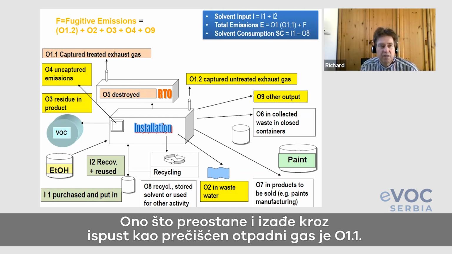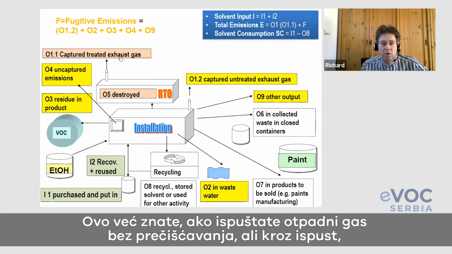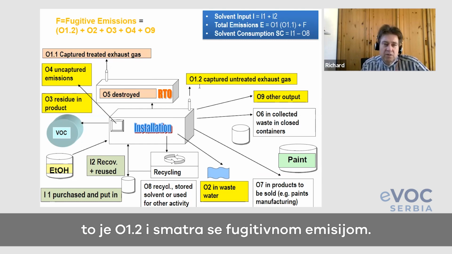And then you have O11 left over. That is the waste gas that has been cleaned and discharged by a stack to the atmosphere. That one you know already. And if you discharge the waste gas only without cleaning by a stack, that is O1.2, but that we consider as a fugitive emission.